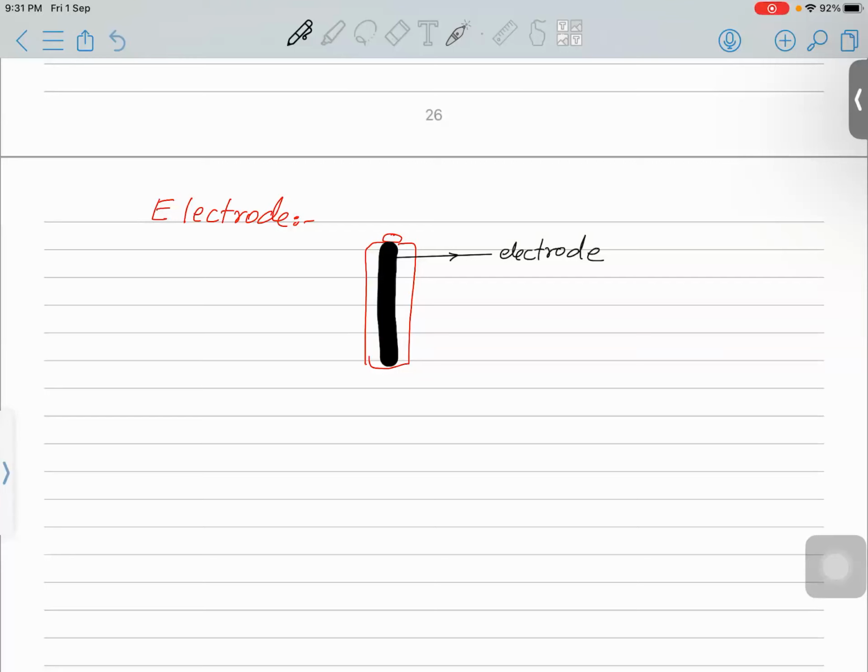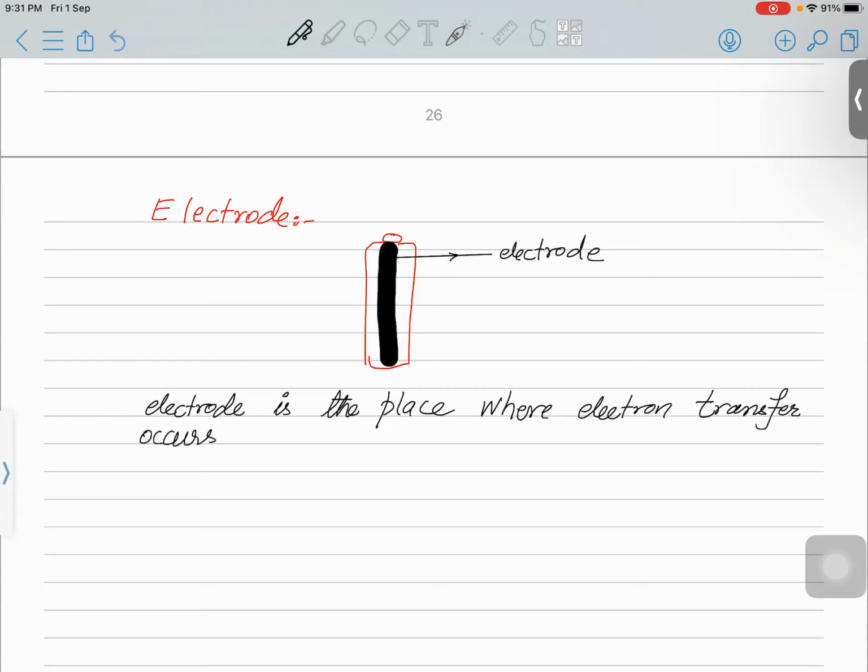So an electrode is the place where electron transfer occurs.